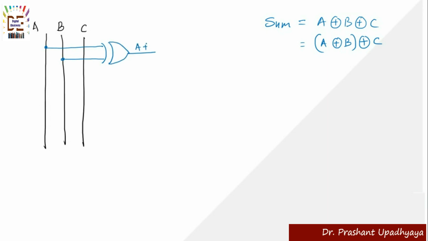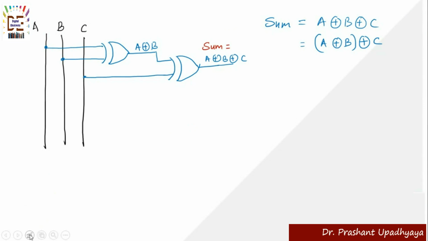This will be my A XOR B, and then I take C from here and combine it, and write A XOR B XOR C. So this will be my sum.